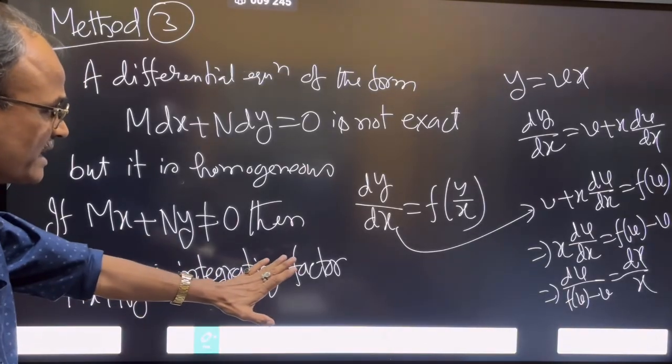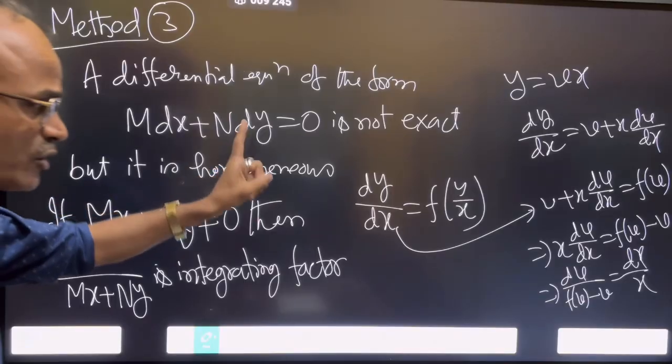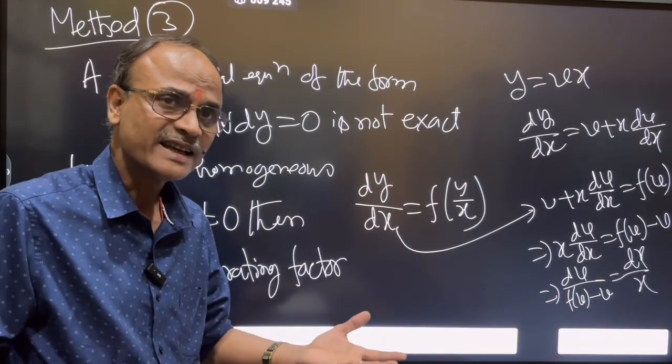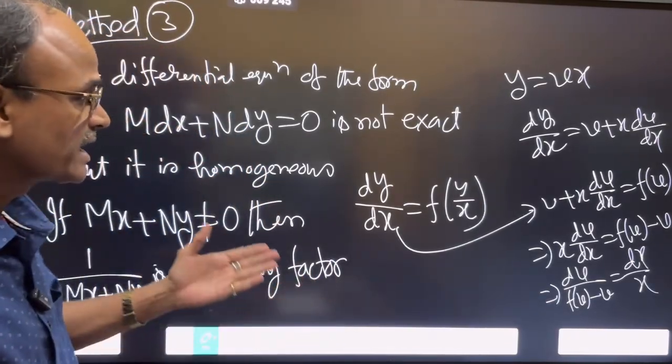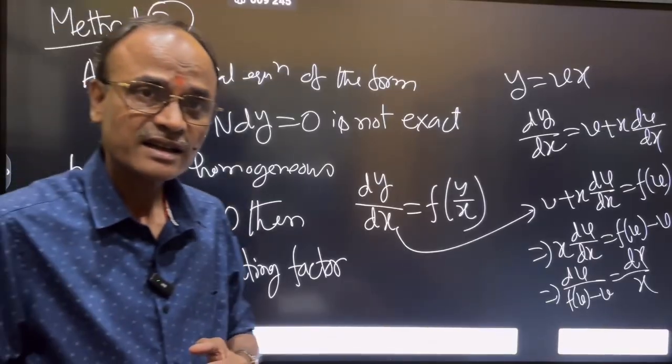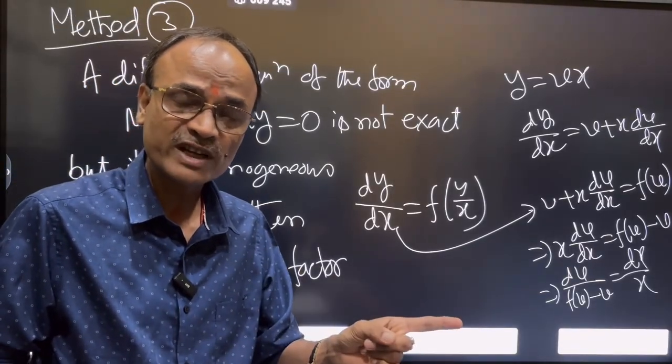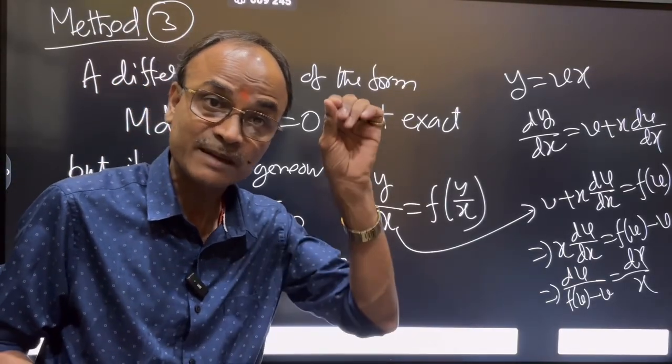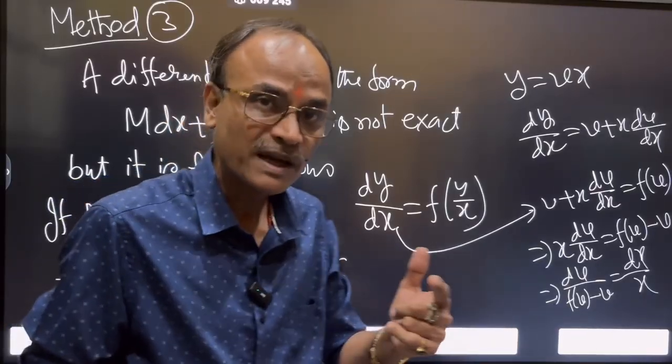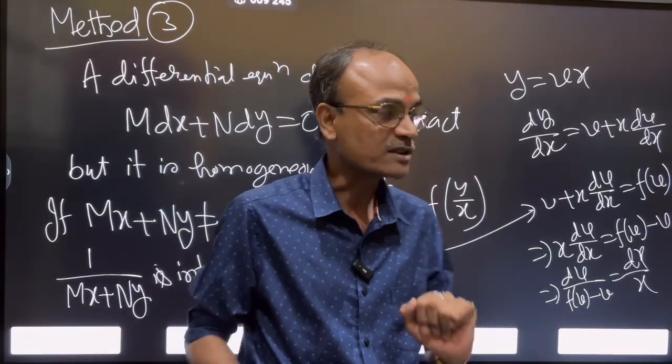After multiplying by the integrating factor, this differential equation will become exact. So in this method also, we can solve a differential equation which is homogeneous but not exact, but can be made exact after multiplying by the integrating factor.